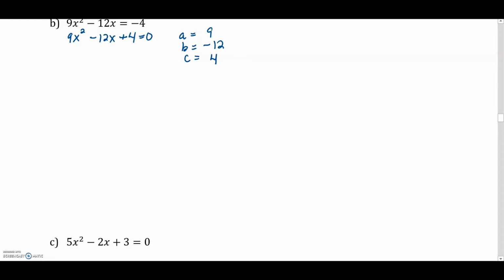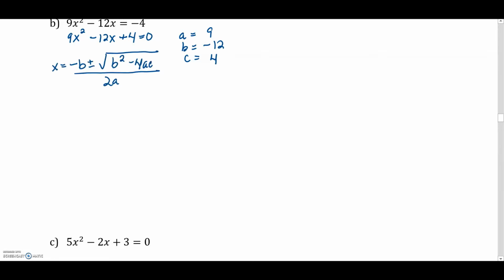Alternatively, we could have brought all the terms to the right-hand side of the equation, and the signs of a, b, and c would be opposite, but your solutions would be identical. So it doesn't matter which side you rearrange to, as long as your quadratic equation is equal to 0.